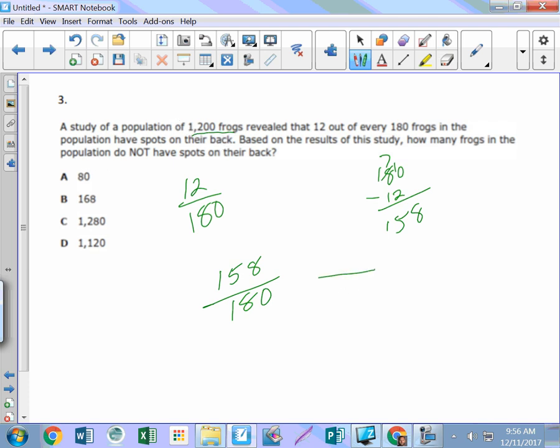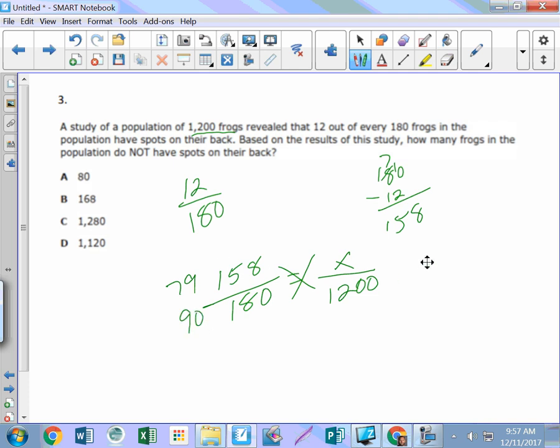So we need to do this for 1,200. We'll set up our proportion. Cross multiply. If we can reduce, let's reduce. 158 and 180 both can be divided by 2. So that's 79 and 90.